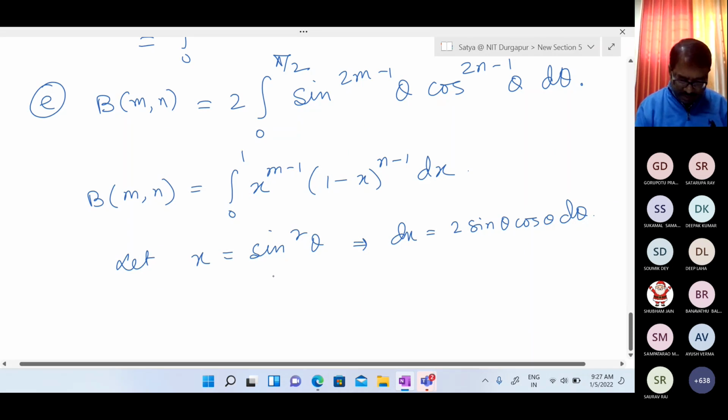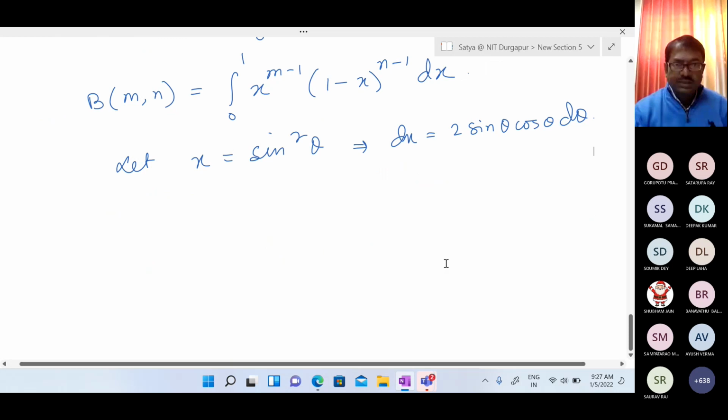So what about the limit? You see, when x equal to 0, sine 0 is 0. So there is no problem in this lower limit.